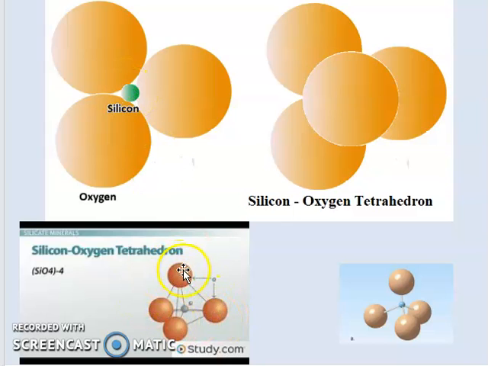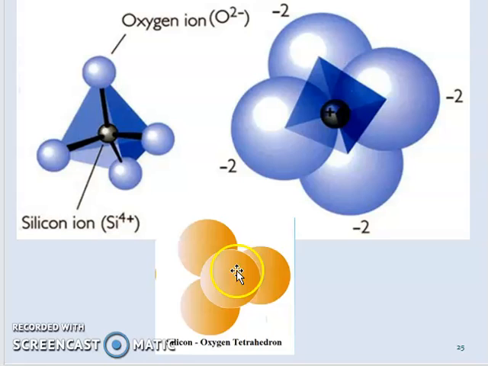Here's another shape of tetrahedra. If you take the ions away from each other, you will find the silicon inside the space. Another shape here, silicon Si plus 4 and oxygen minus 2.